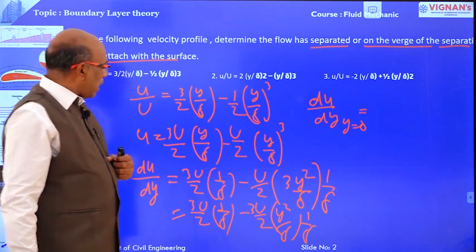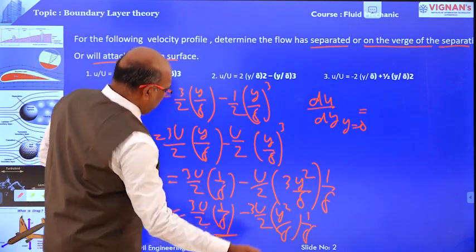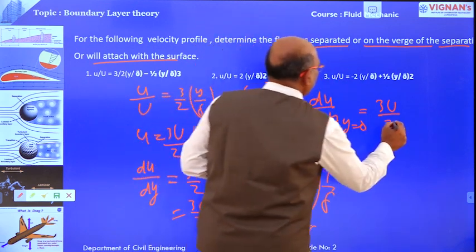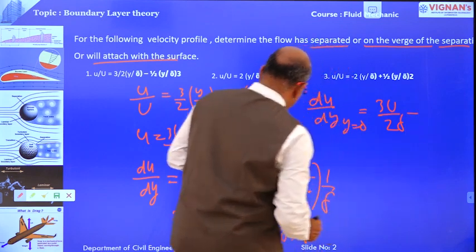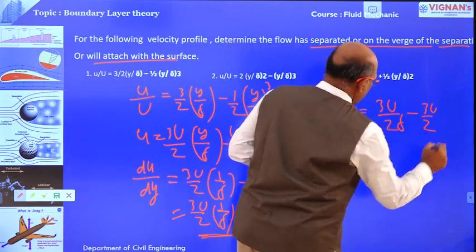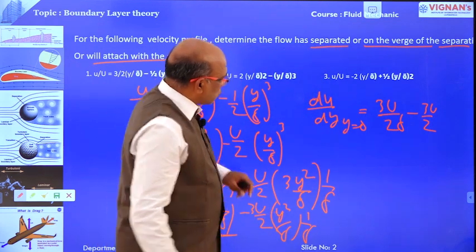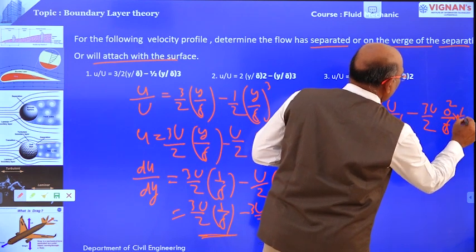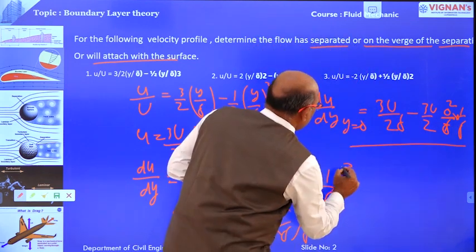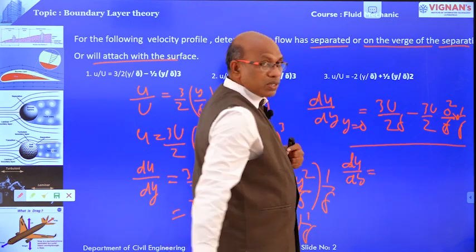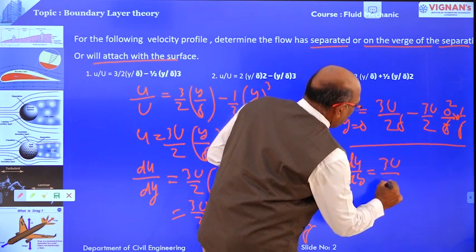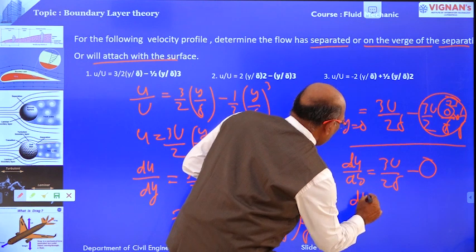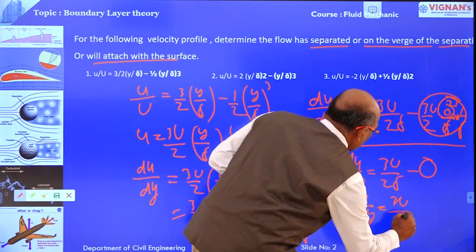At y equal to 0, there is no y component in the first term, 3U divided by 2 delta, minus 3U by 2 where in place of y we take 0, 0 square divided by delta into 1 by delta. From this equation, the second term is entirely 0, therefore du by dy is equal to 3U divided by 2 delta.